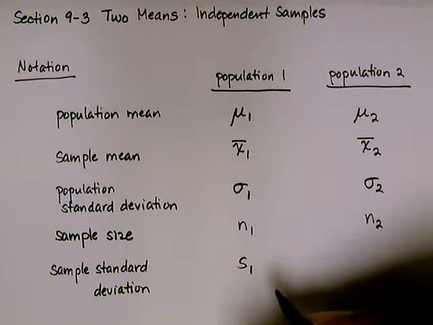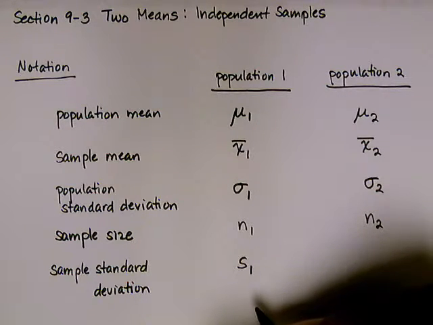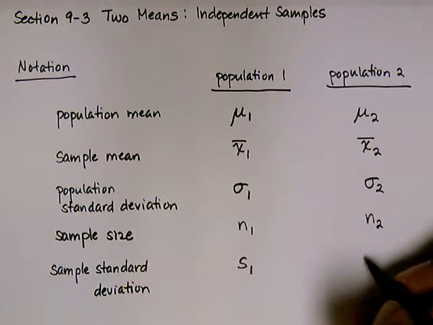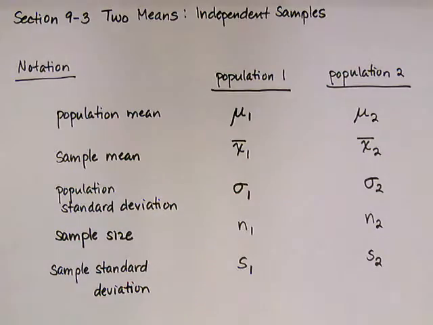S1 is the sample standard deviation from the first population, and S2 is the sample standard deviation from the second population. That's the notation being used in this section.